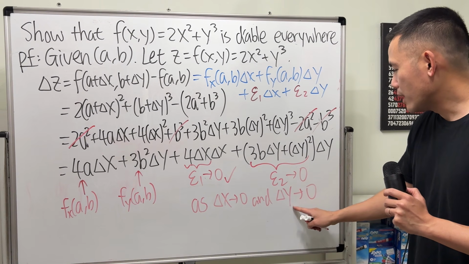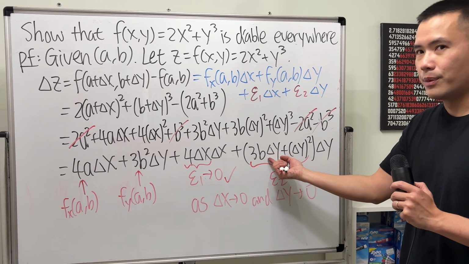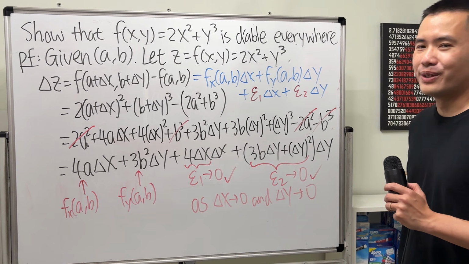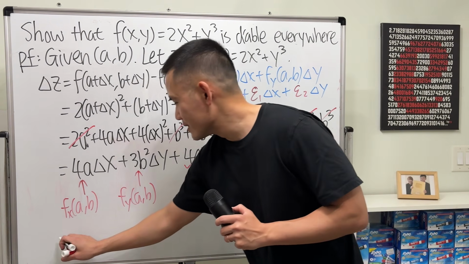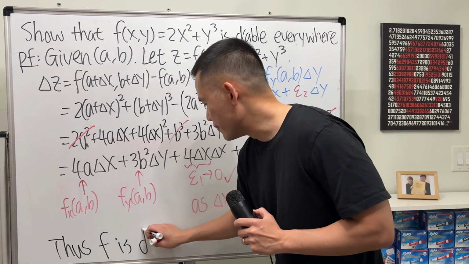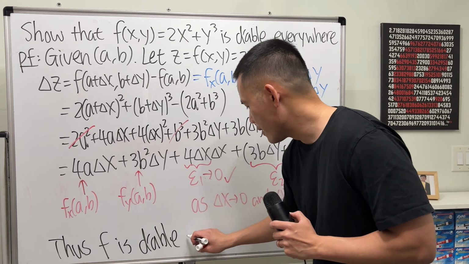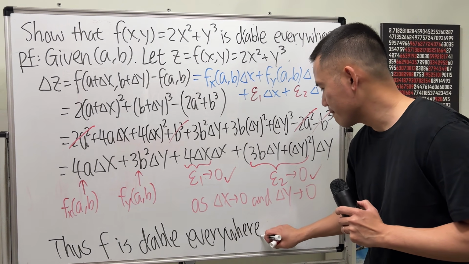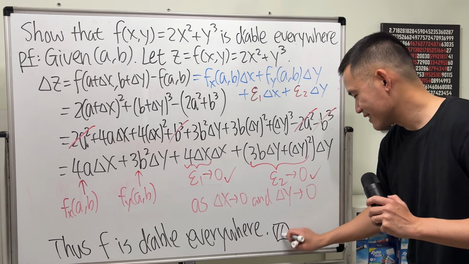And when delta y approaches 0, well, this will approach 0, likewise that, so of course epsilon 2 will also approach 0. And therefore we're done. So just say thus, f is differentiable everywhere. That's it.